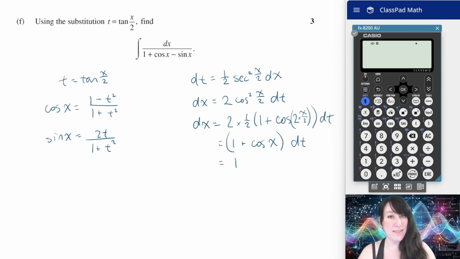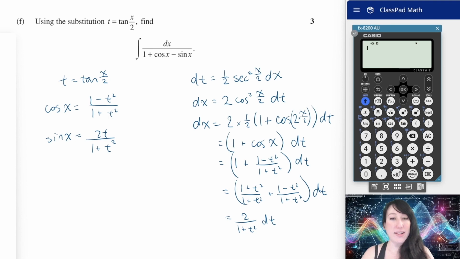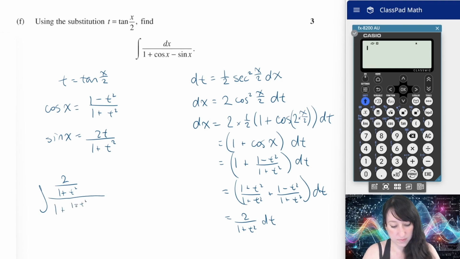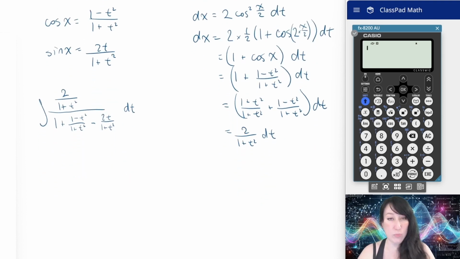Now we'll just substitute in the t formula, and maybe simplify. All right, so we're ready to substitute everything in. So to simplify, I'll multiply the numerator and denominator by 1 plus t squared.